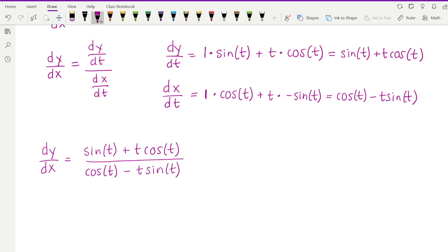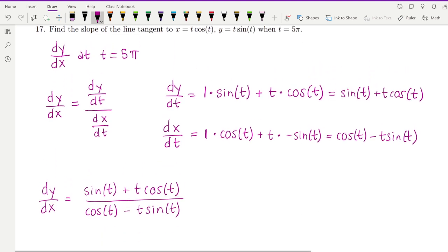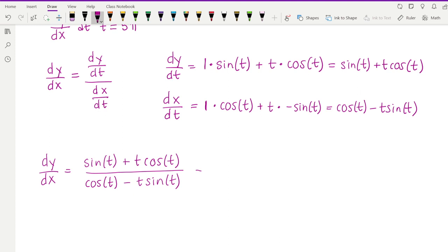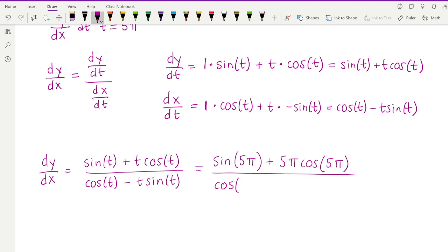All right, so now we can go ahead and plug in 5π. So we're going to plug 5π in for all of the occurrences of t. So now we have cosine of 5π minus 5π sine of 5π.